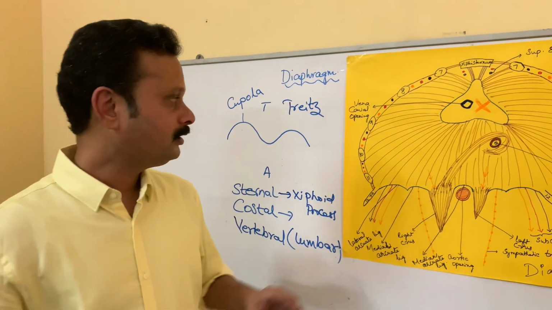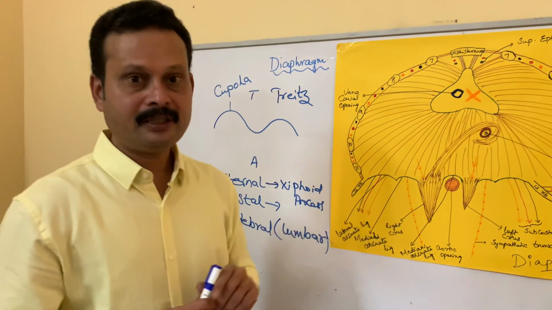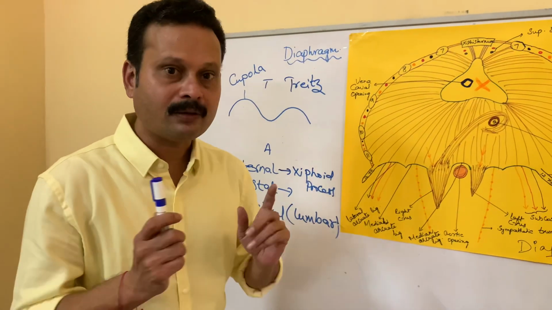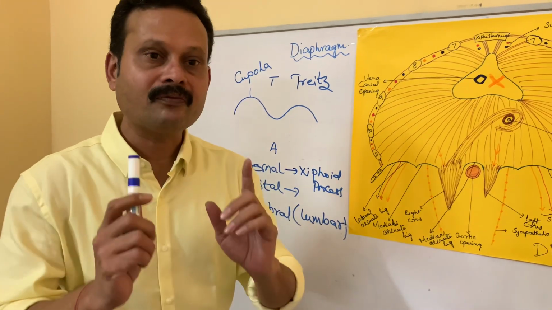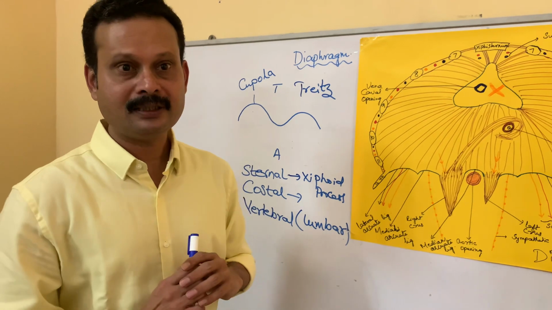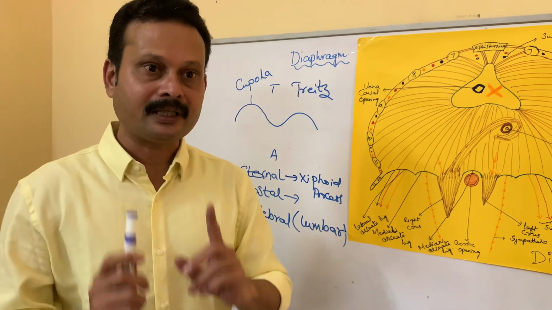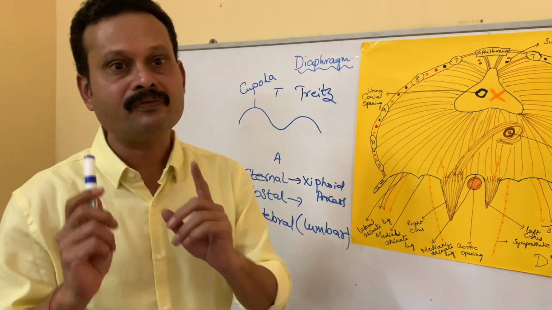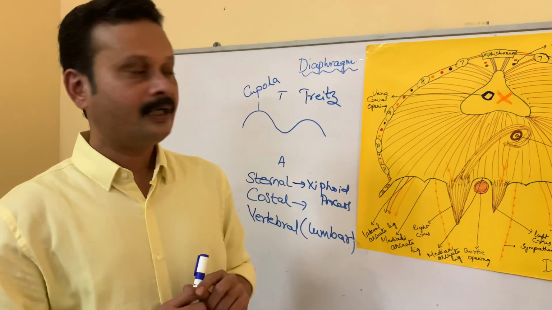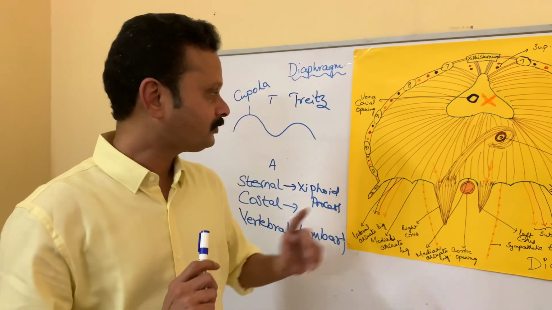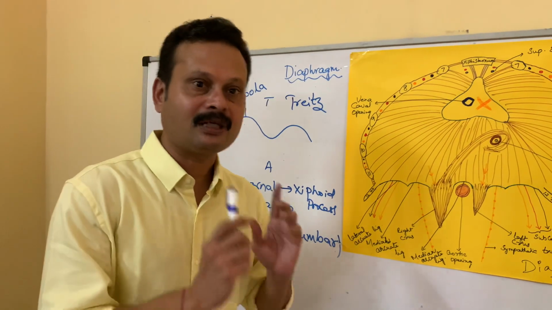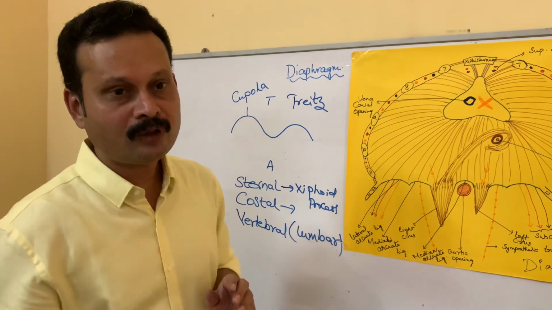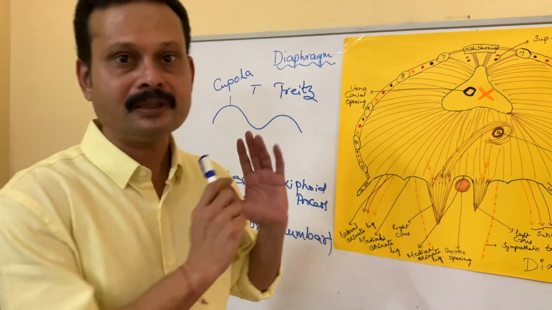I repeat, the lateral arcuate ligament or lateral lumbocostal arch is seen in front of the quadratus lumborum muscle, is formed by the thickening of the anterior layer of thoracolumbar fascia and extends from the tip of the transverse process of the first lumbar vertebra to the lower border of the corresponding 12th rib.